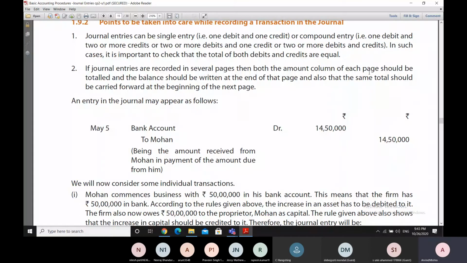So the amount column of each page should be totaled and the balance should be written at the end of that page. On every page, we should take the total and write down the balance. And then we start with the opening balance on the next page, which is the same as the closing balance on the previous page. And therefore, by this method, the balance is being carried forward.